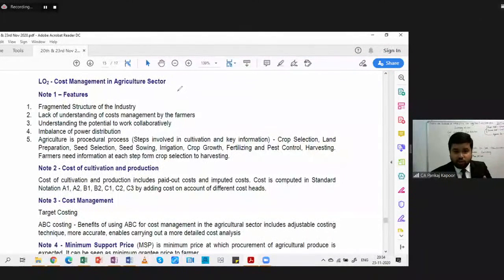We'll start this sector also with a discussion on the features of the sector, so that you have an insight. Okay, what is the first feature? Fragmented structure of the industry. Firstly, let me tell you, agriculture is a very wide word. Agriculture is not only cultivating the land. Agriculture also includes horticulture, poultry culture, and some other things.